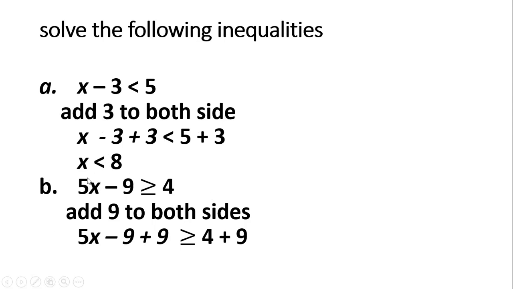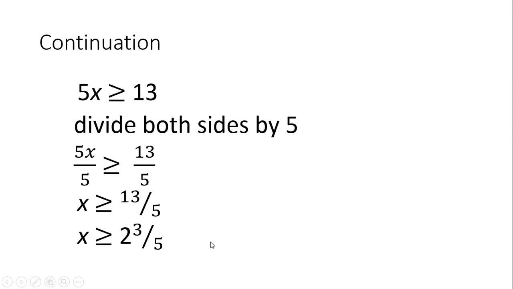B: 5x minus 9 greater than or equal to 4. You add 9 to both sides. On this side you have 5x minus 9 plus 9, and on this side you have 4 plus 9. So you now have 5x greater than or equal to 13.